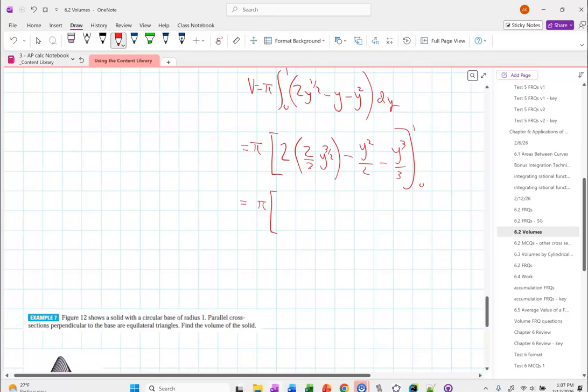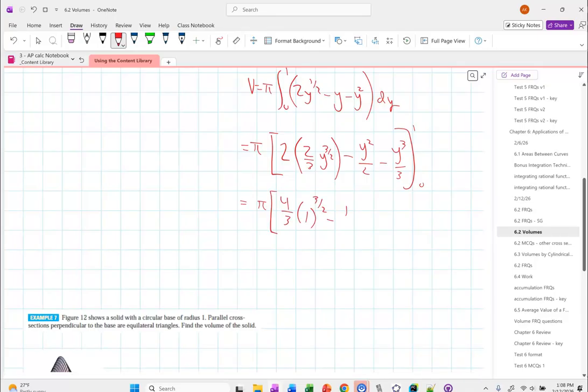So I have pi times 4/3 times 1 to the 3/2 minus 1 squared over 2 minus 1 cubed over 3 minus 0. And 4/3 minus 1/3 is 1, minus 1/2, so I have pi over 2. There we go. That was a workout.